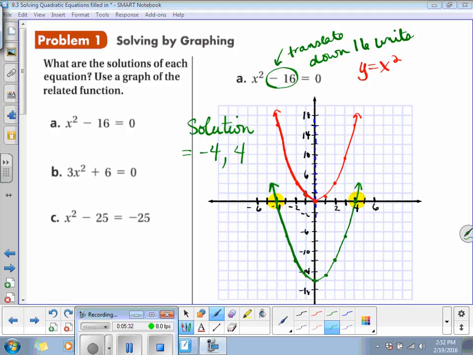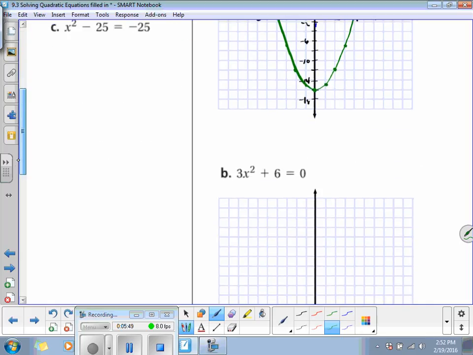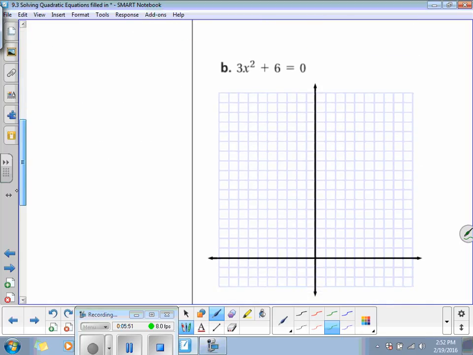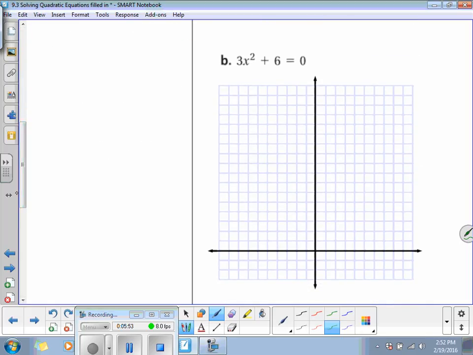There's my graphing using the parent function. We can also graph by finding the axis of symmetry and the vertex. So let's do the next one, 3x squared plus 6 equals 0. Let's do that one with that method.